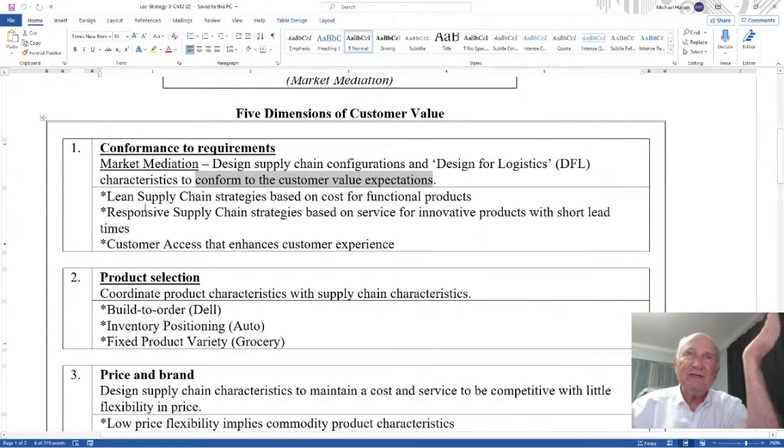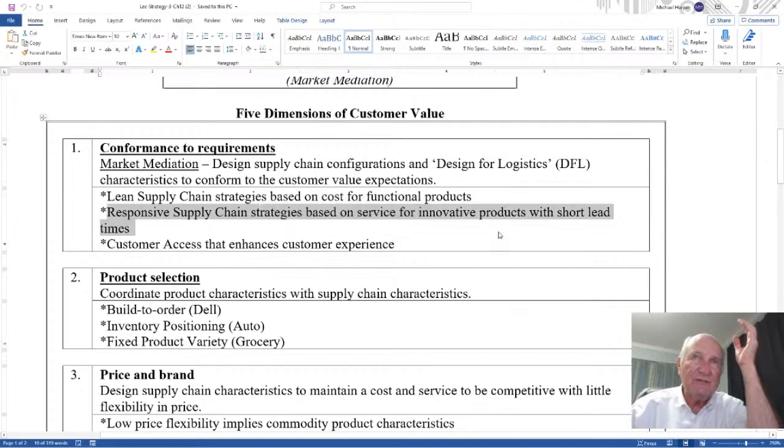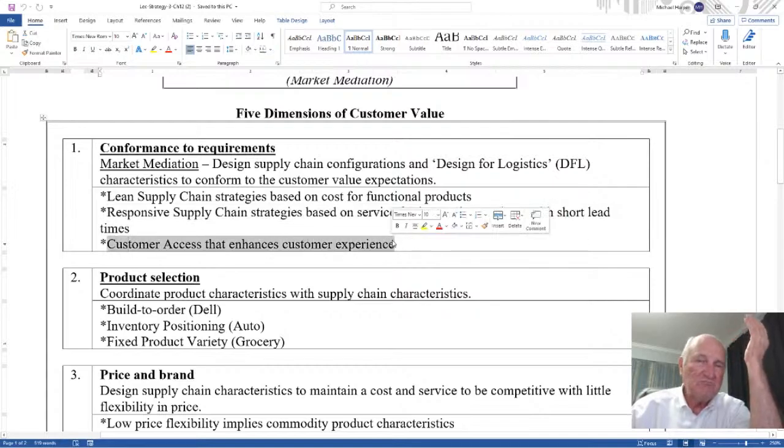And market mediation includes the lean supply chain strategies, which is lowering cost, responsive supply chain strategies, which is fast order and efficient order fulfillment and service, and then customer access that enhances customer access is e-commerce, searches, customer relationship management through e-commerce.